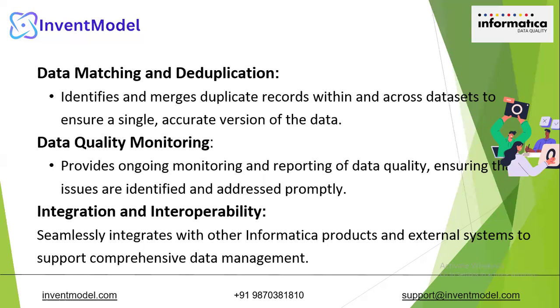As I have already explained, this key feature is used for matching the data with all other data across the database, which helps to find the duplicate data. So it consolidates the duplicate data into one, which gives accuracy.